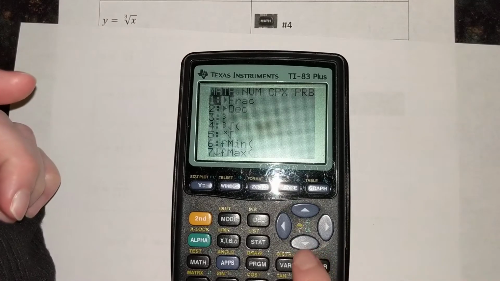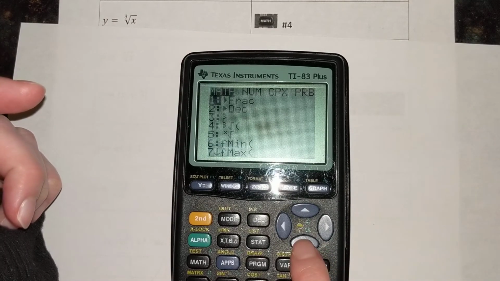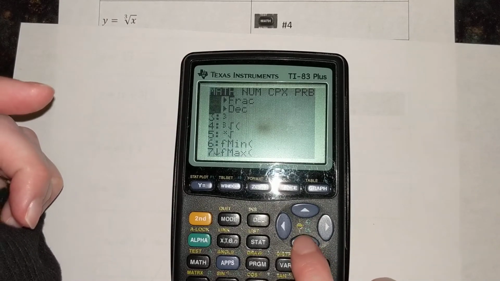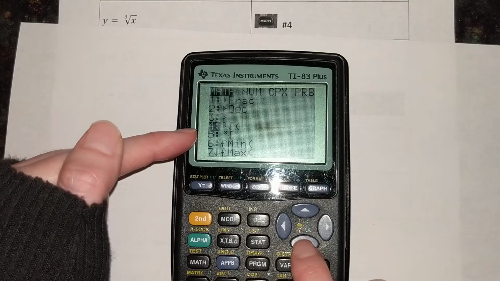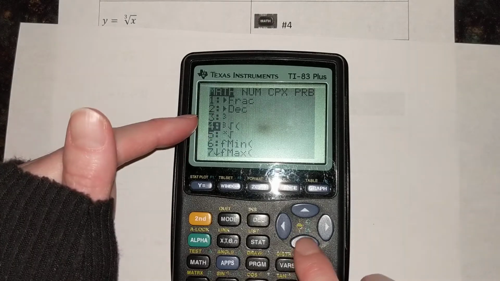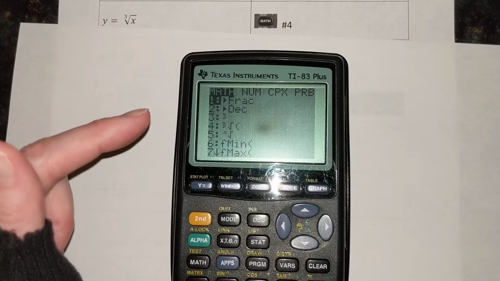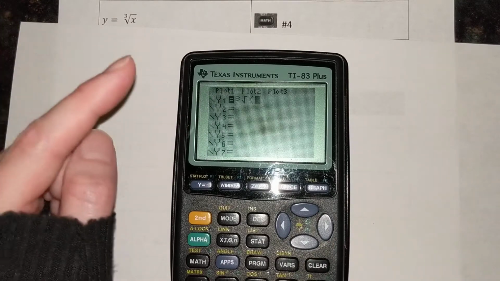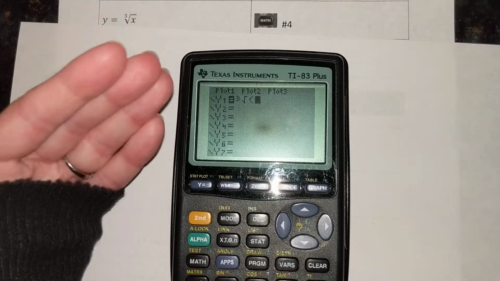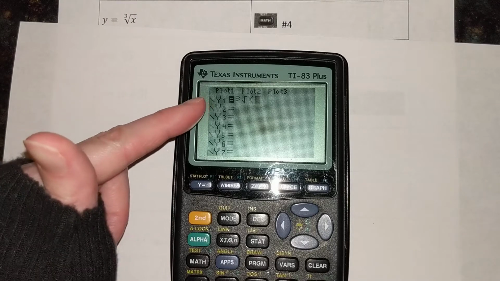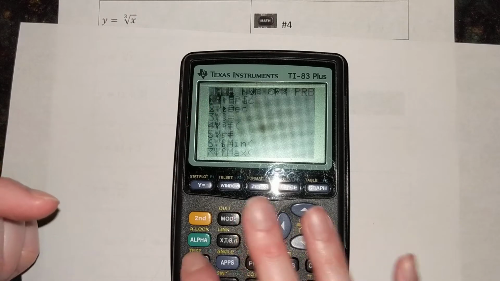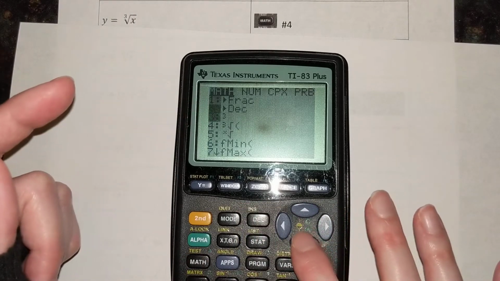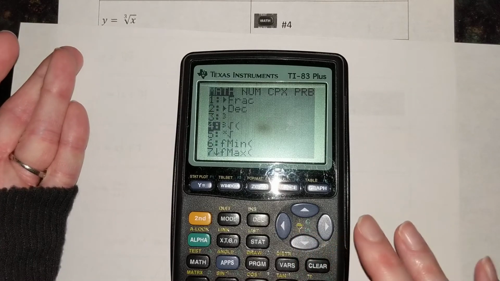And in that list, if you use your purple arrow key to arrow down to number 4, you'll see the cube root. The other thing that you can do is you can actually type in the 4, and when you type in 4, it will select the cube root function for you. So either take your math button and then cursor, or just immediately type in number 4.